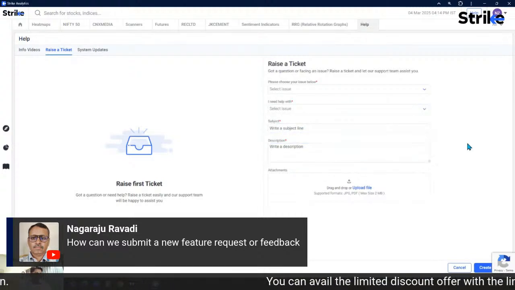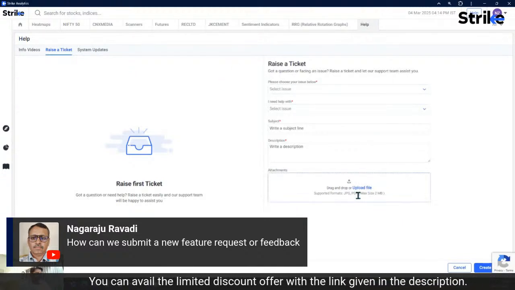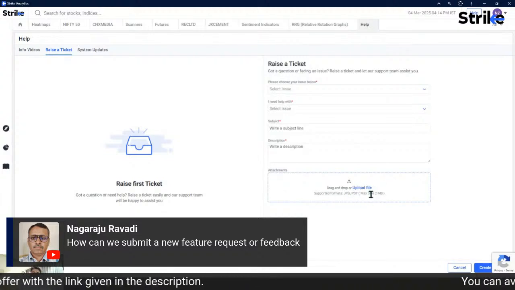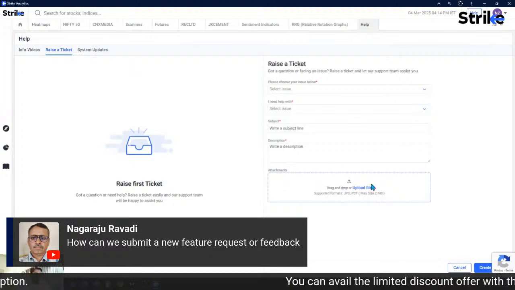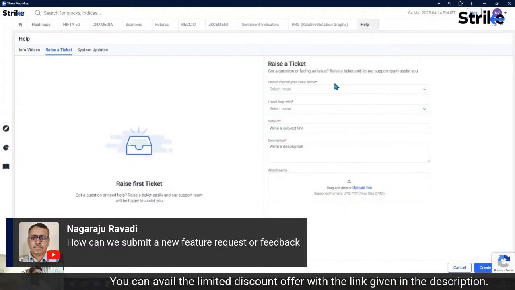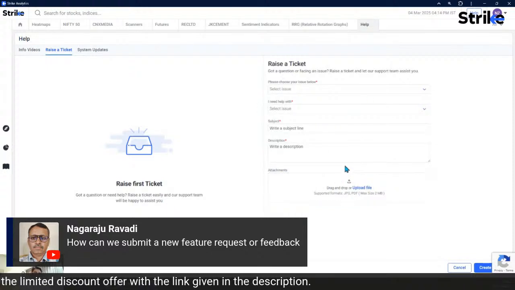If you are raising a ticket about a problem, you can upload a JPG or PDF file relating to it, so that if we look at the image, we will be able to help you better. So from here, you can raise a ticket, Nagaraju ji, and let us know.